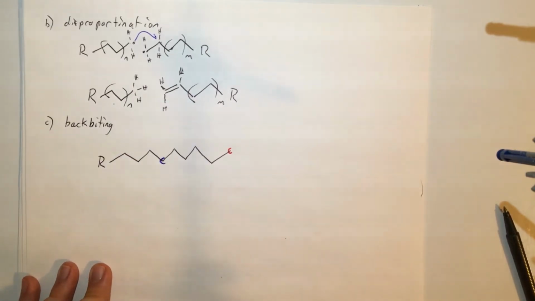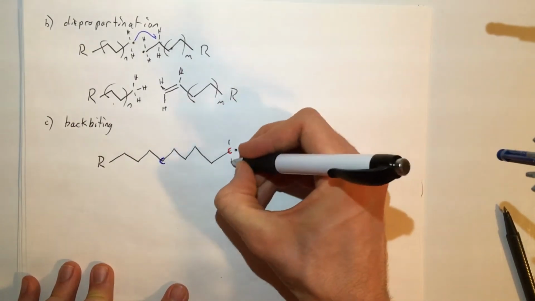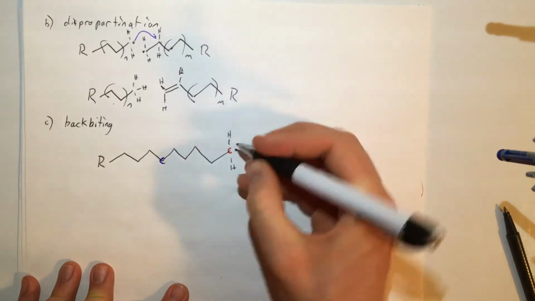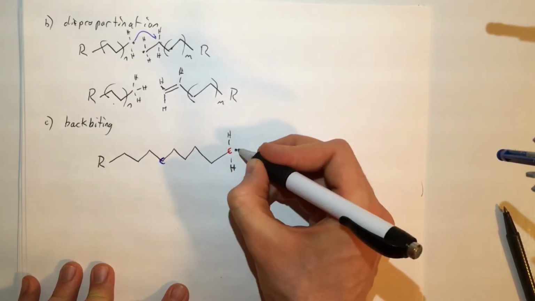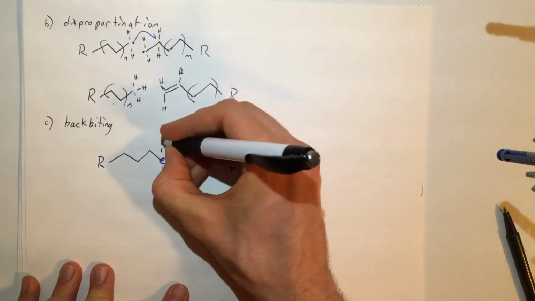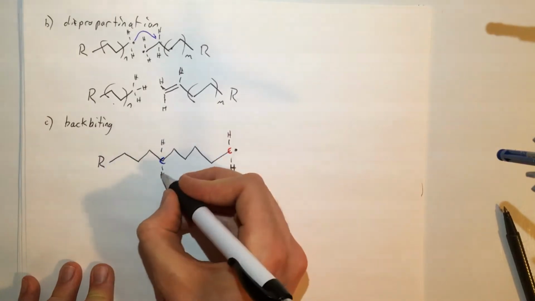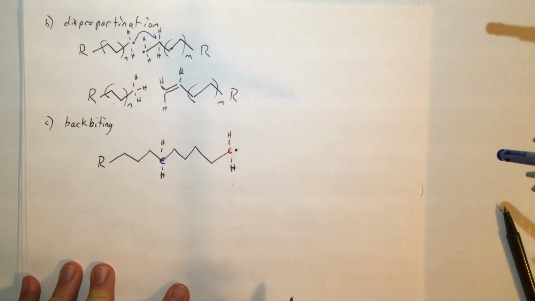And let's draw some of the hydrogens associated with the carbons of interest. So here we have a free radical and two hydrogens, right? So the carbon's going to have four things attached to it: hydrogen, hydrogen, a free radical, and the connection to the other carbon.